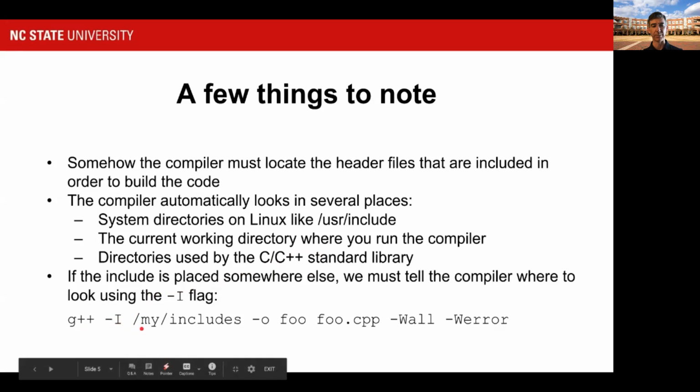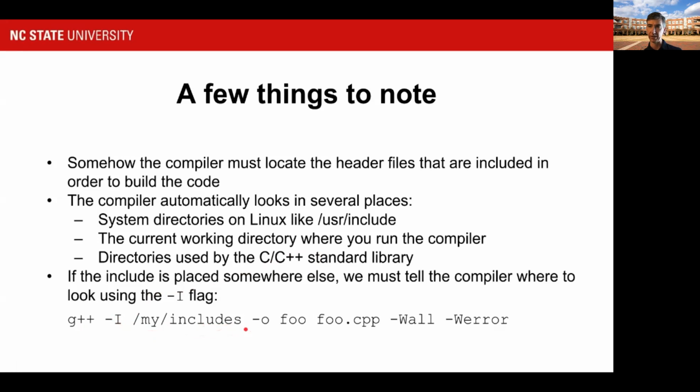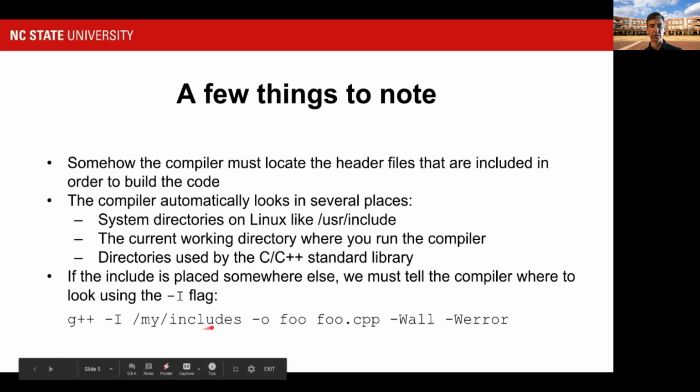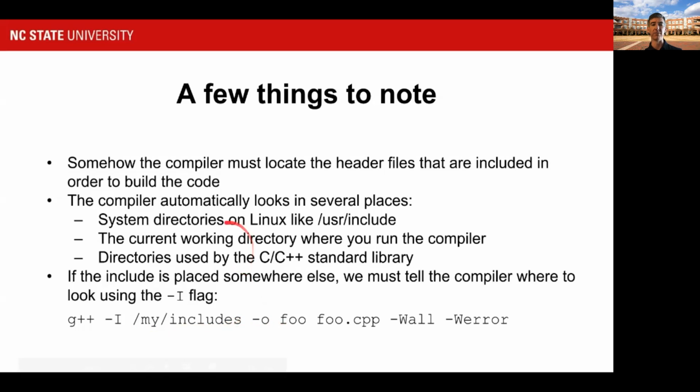And then after that capital I, you just provide the name of the directory. I just made this up, my includes, but whatever directory you put your include file in, you need to write out that full directory path, not the name of the file, but just the full path where you can find the file. And then g++ will look in that location for any header files that it can't find in the default directories.